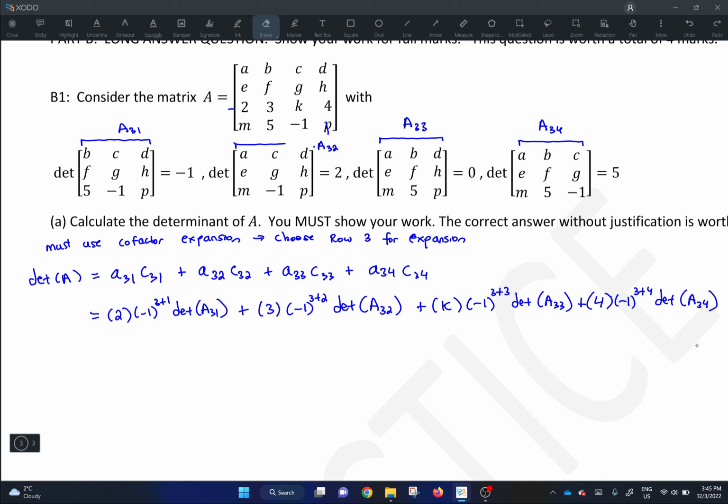Okay, and that's good news because when we calculate those determinants down below, we can just quote the numbers that are given up above.